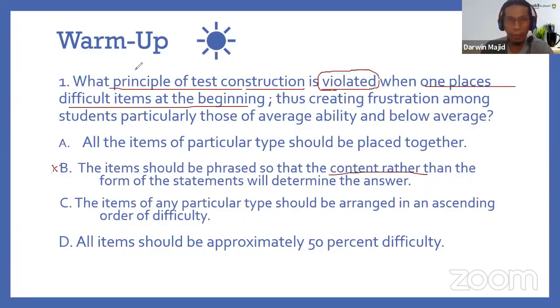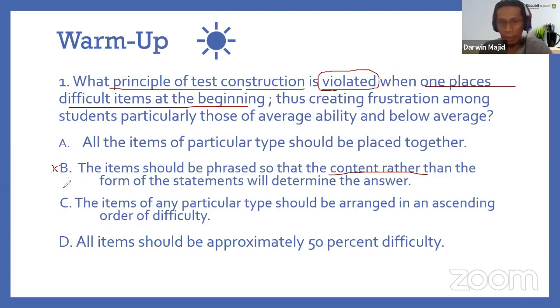When we construct tests, we talk about the content, what we will write and where we will put it, whether in number 1, in the beginning, or in the middle. All of these are about construction. So you are right, Ma'am Maria, letter B should be eliminated because it talks about content.